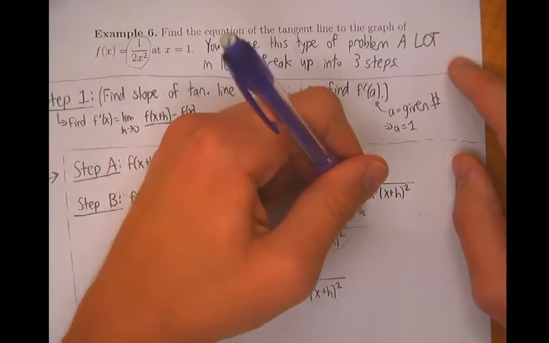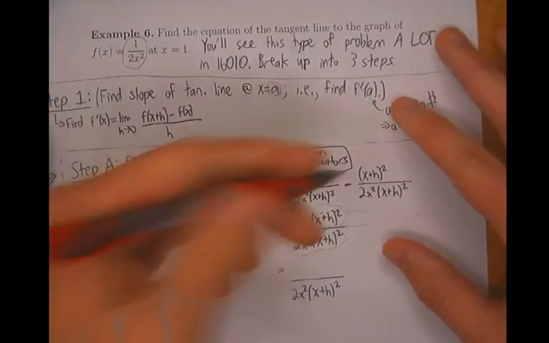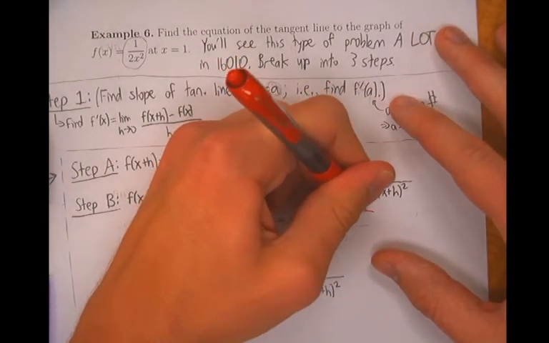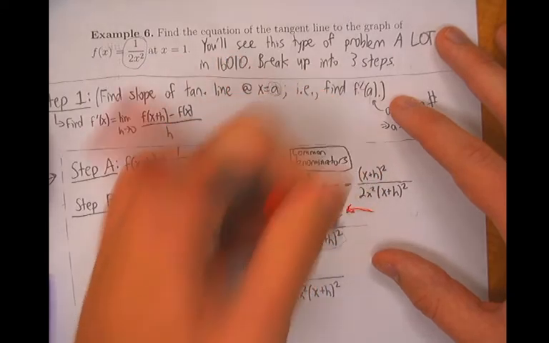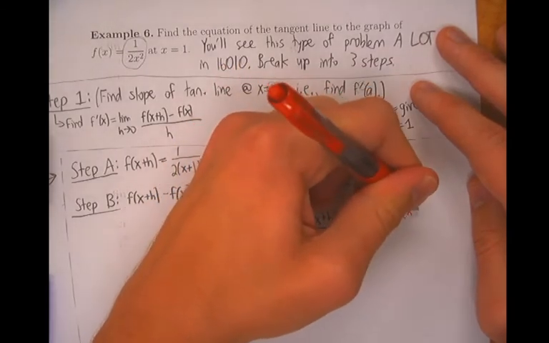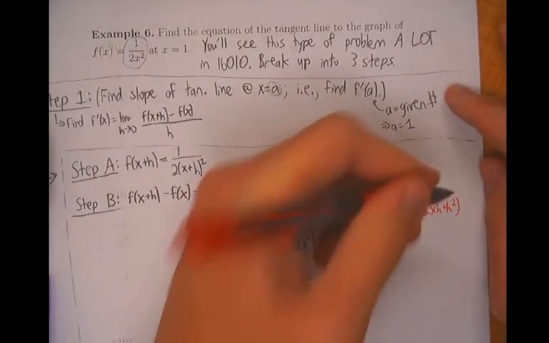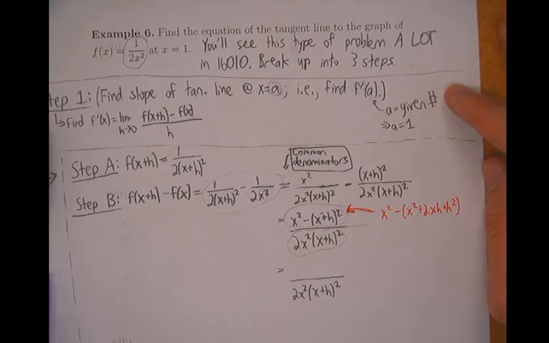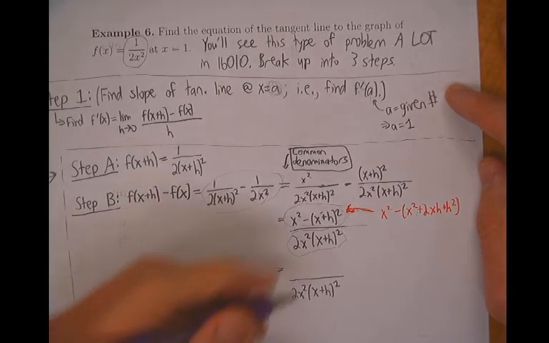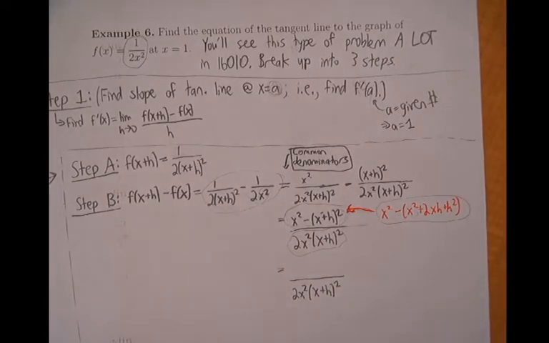So if we expand out the numerator, then as we saw before in example 5, it seems like we should end up with, well, x squared minus x squared plus 2xh plus h squared, right? Based on what we did in the last example. So based off of that, what would this simplify to? Let's give someone else a chance.